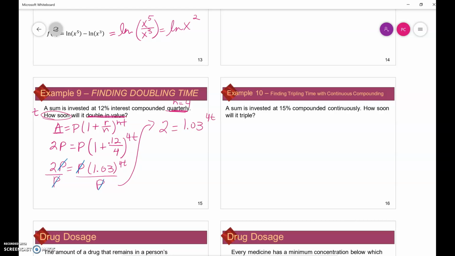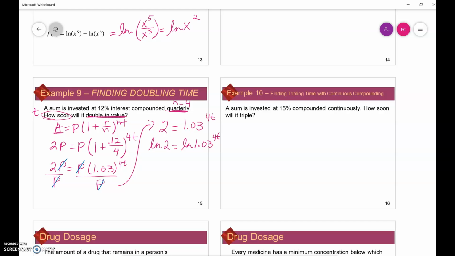Well, I don't know how to solve this without using logarithms. If you remember from college algebra, to solve an exponential equation where we cannot get the same base, we take the ln of both sides. So I'm going to have the ln of 2 equal to the ln of 1.03 to the 4t power.